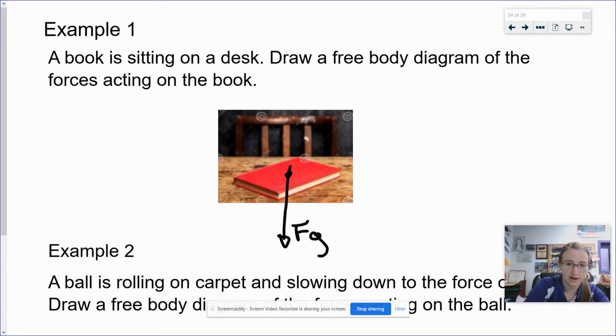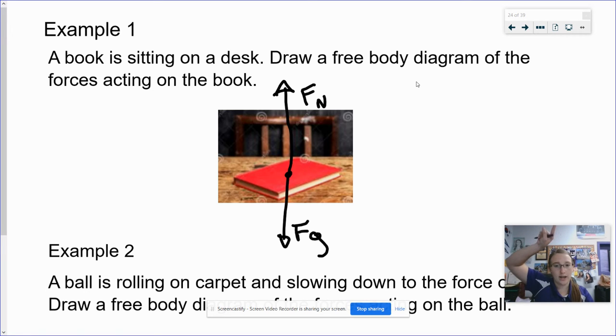The normal force is always perpendicular to the surface. So since my surface is flat, this is what we call the normal force. And in this case, my normal force and my force of gravity are opposite and equal. This is something we're going to talk about again in a different lesson, but they are pushing each other away.